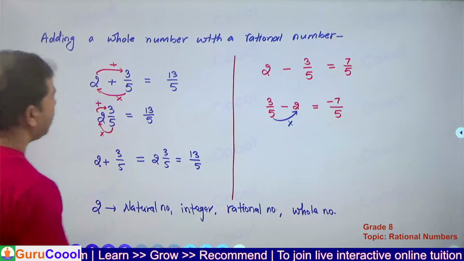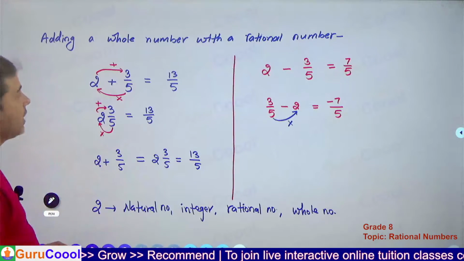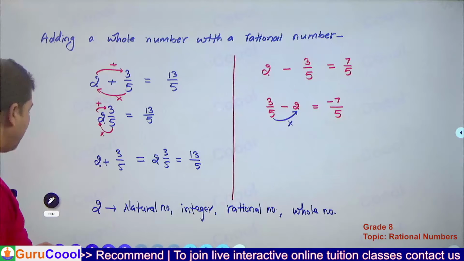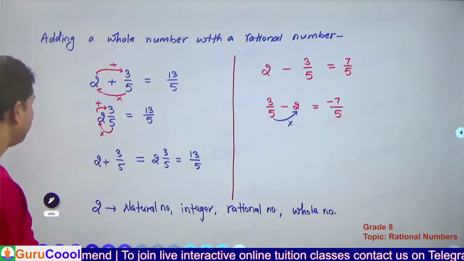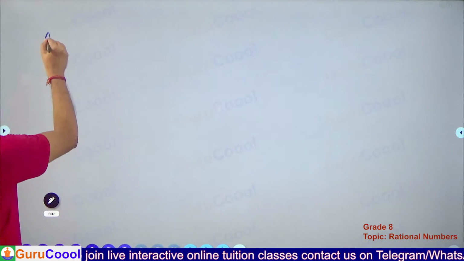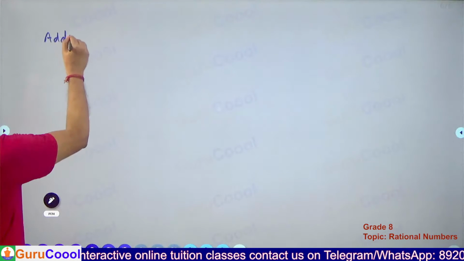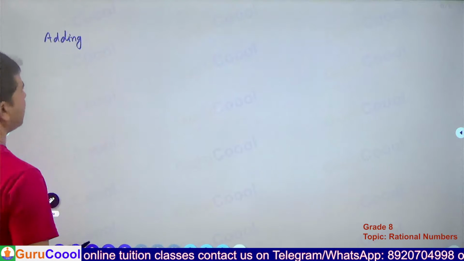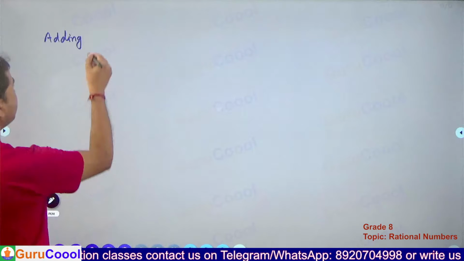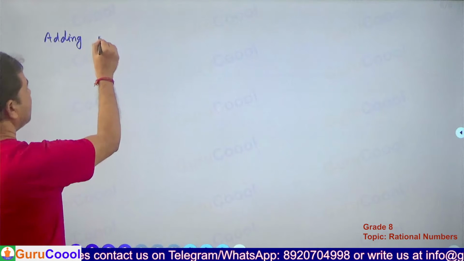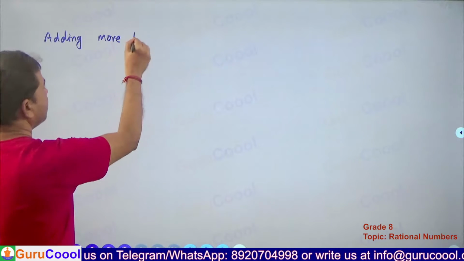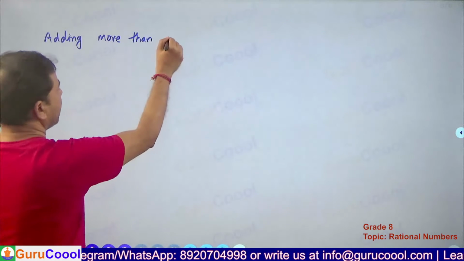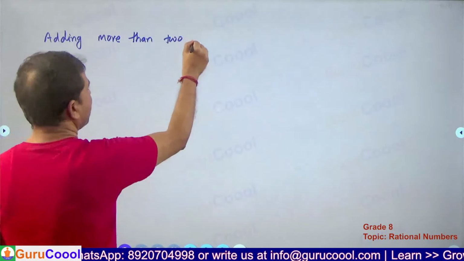Now let us see, if we have more than two rational numbers and we have to add and subtract, how do we handle it? Let's talk about adding only, because subtraction is a part of it. Adding more than two rational numbers.